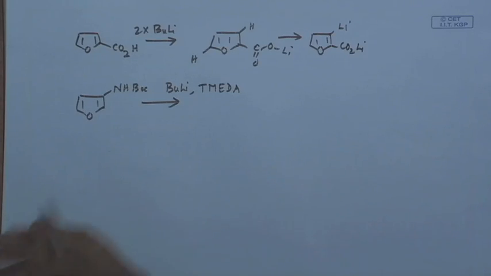So, once again NH, amide, tertiary amide, they are more powerful directing groups. Actually, there is a review article by Victor Snieckus, if you are interested. They have presented all these directing groups in a nice order, and from there you can find out which one is more strongly directing, which are moderately directing, which are weakly directing.